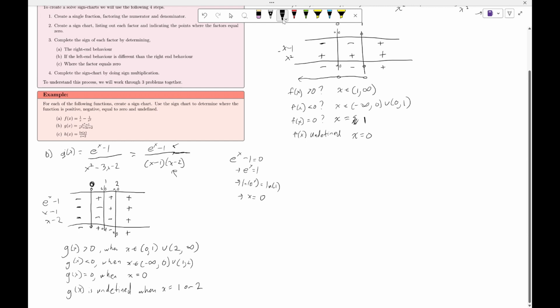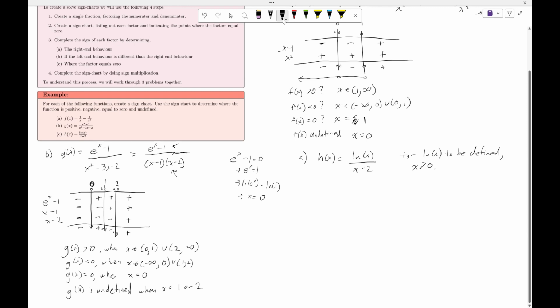Last but not least, we have question C. So here we have h of x equals ln of x over x minus 2. Now, here we actually have an added wrinkle to this problem that we're going to deal with in our sign chart. The added wrinkle is for ln of x to be defined, x must be greater than 0.